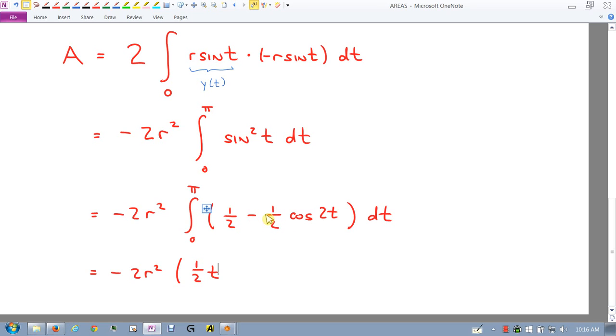Okay, include this part. It'll be negative 1/4 sine 2t, and then evaluate that from 0 to pi. Let's try and plug in here.